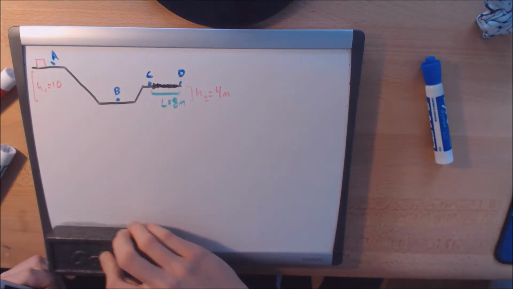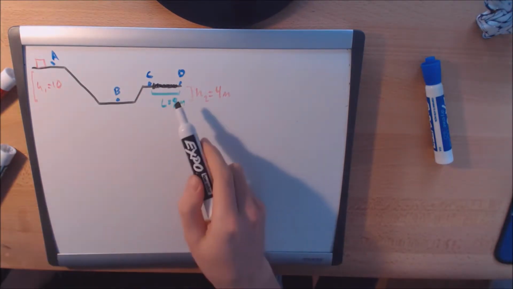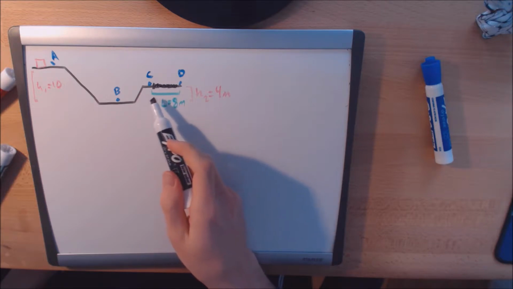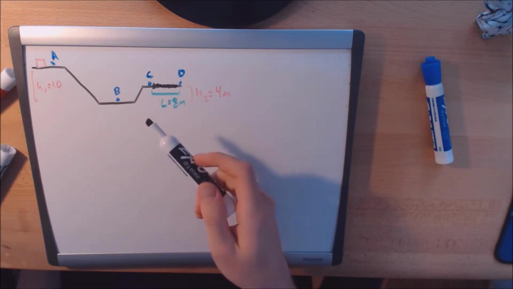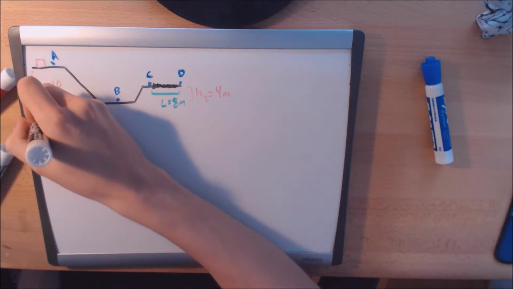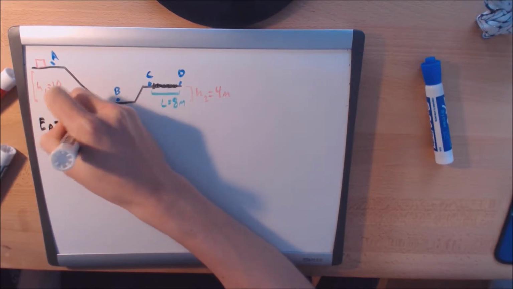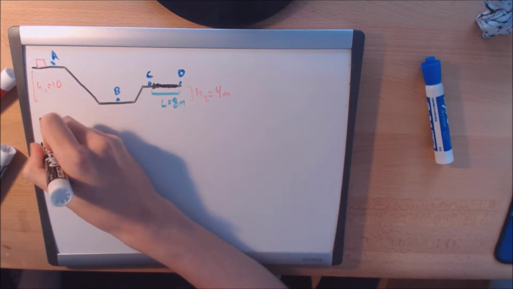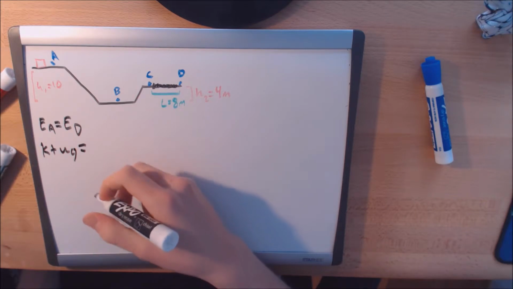So the next part of this that we need to solve is if the block reaches point D, because we don't know if this friction is going to be enough to stop the block from moving anymore. So we can use our energy concept again, where energy at A is equal to energy at D. And we know energy at A is just a kinetic component and a gravitational potential component, as we talked about earlier.